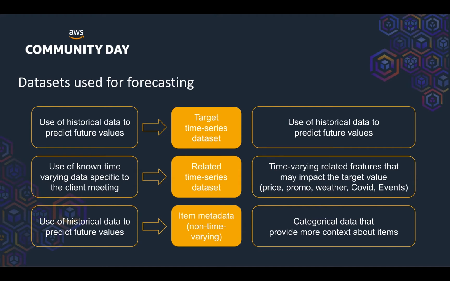The related time series dataset includes all the other time series data which may impact the target value, such as price, promotion, weather, COVID, and special events. The item metadata is the categorical data that provides more context about items. The combination of these three datasets provides the input data for modeling.